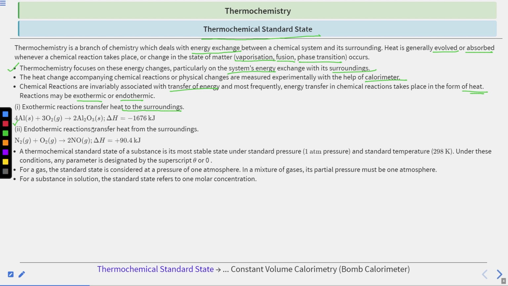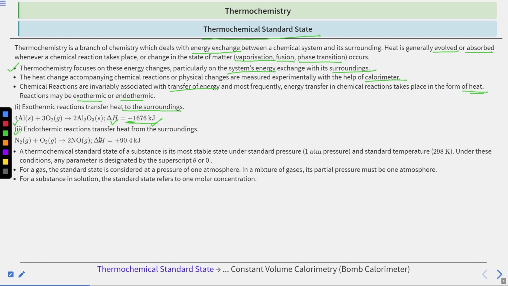Heat is evolved in this exothermic reaction and transferred to the surrounding, which is measured as minus 1676 kilojoule. Note that the delta H, that is the change in heat, is negative here. So in exothermic reactions, the change of heat transferred to the surrounding is negative.